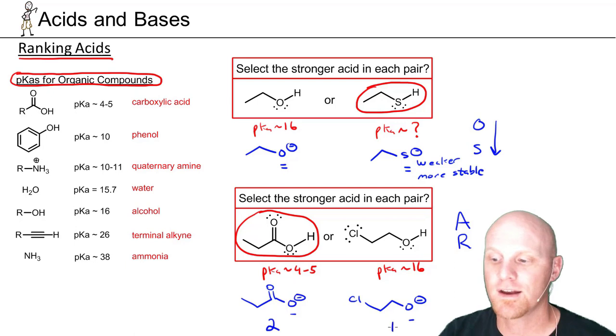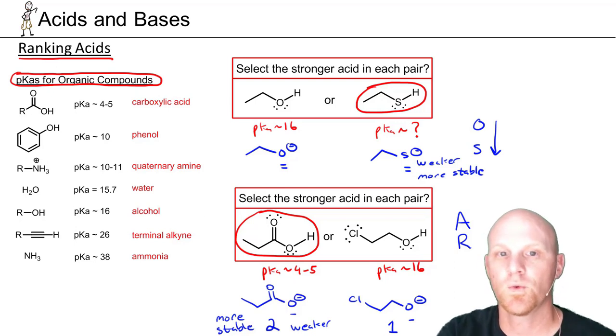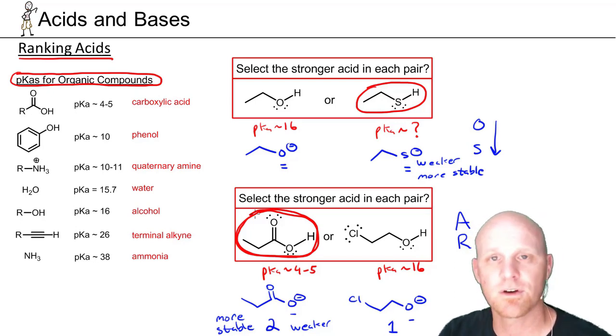The one on the right is not going to have any additional resonance structures, so just the single structure. And that negative charge is completely on one oxygen. So the one on the left, due to resonance, is the more stable base. And the more stable base is the weaker base. And the weaker base comes from the stronger conjugate acid. So it just confirms what we'd learned earlier by just comparing pKa values we'd memorized for functional groups.